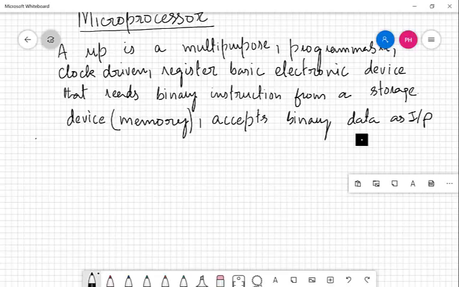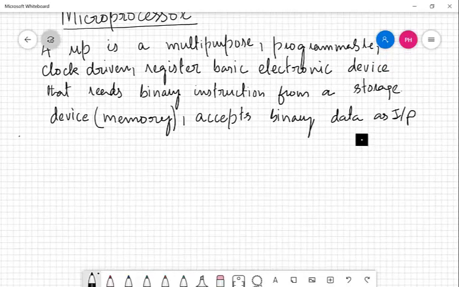It reads instructions from memory, and at the same time it accepts binary data as input. It accepts input, but that should be binary in nature.